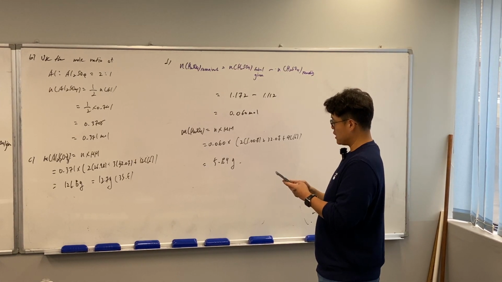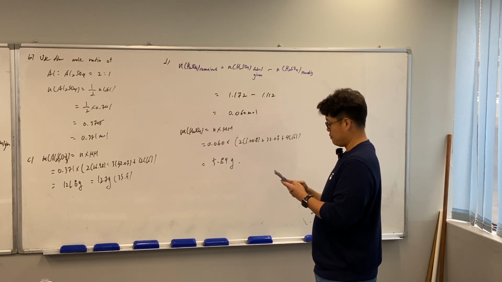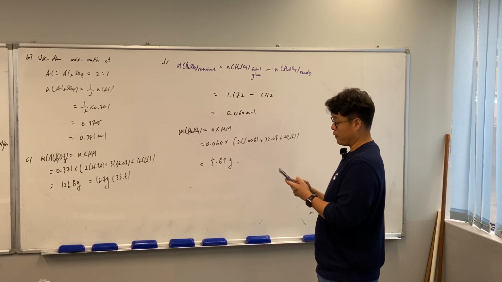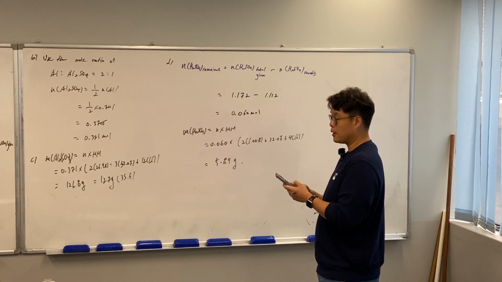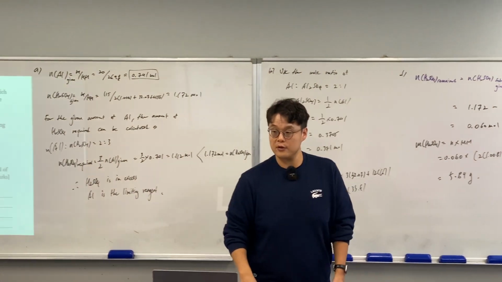Yeah, I don't get much difference though. I get 5, okay, did you get the 5.93? Yeah, around the value. In this case, you can use the rounded value.